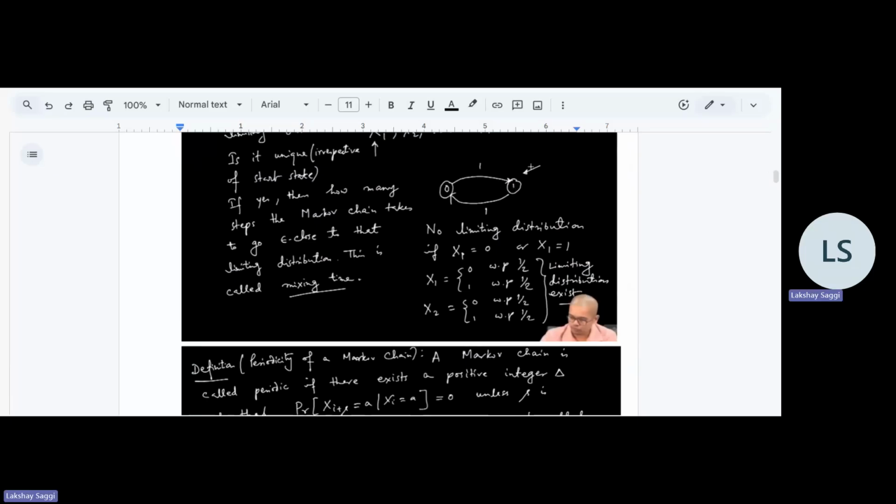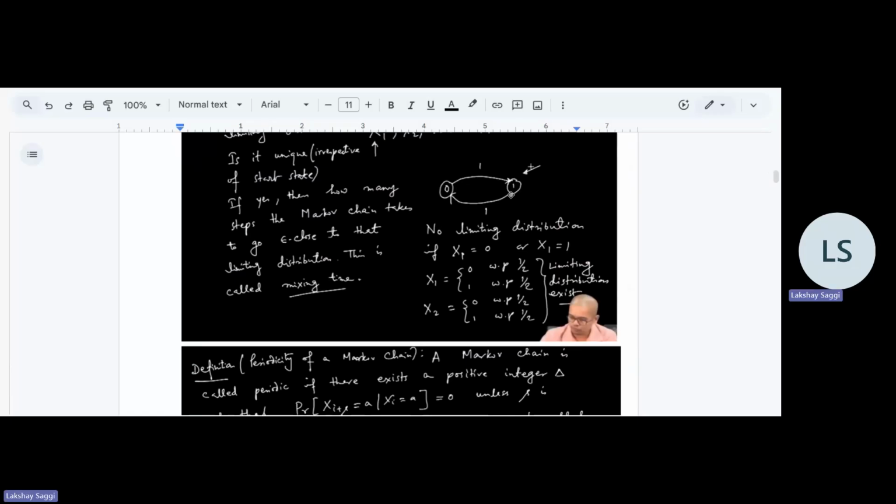Essentially, you can see that if you are at state 0, then only after two time steps can you come back to this state again. If you are at state 0, then at time step t plus 1, you'll always have a zero probability of being at state 0.